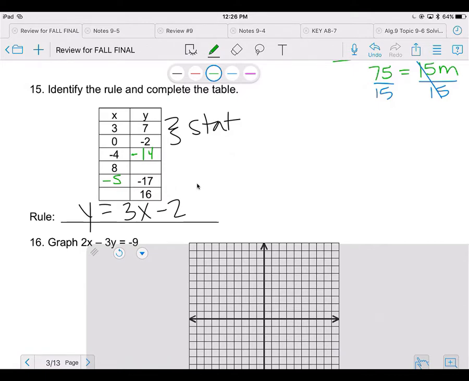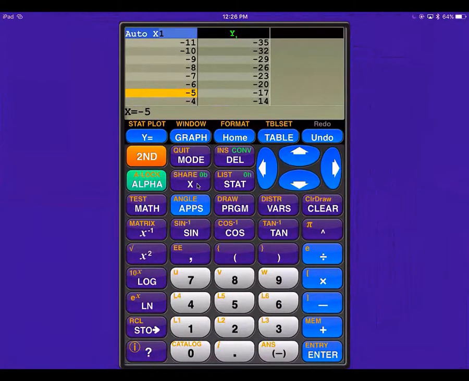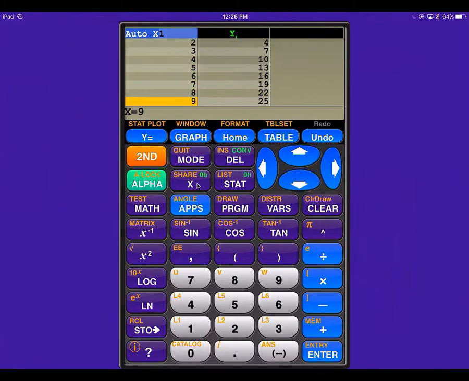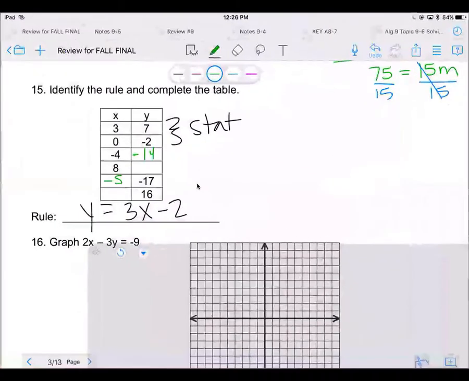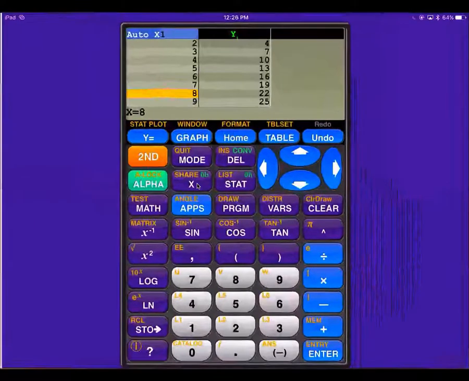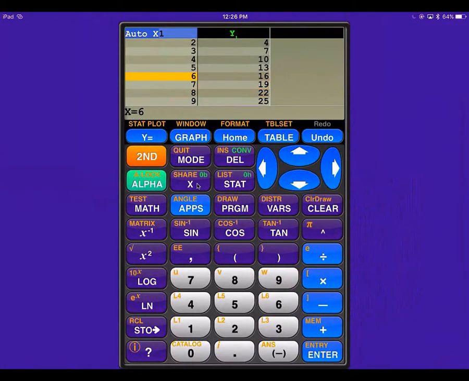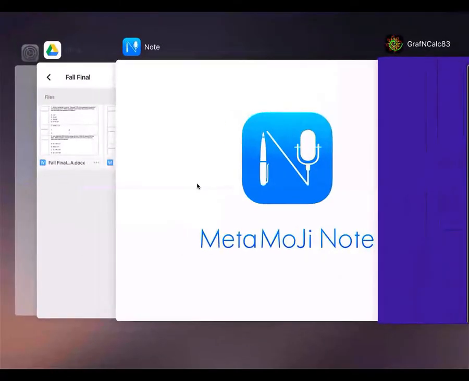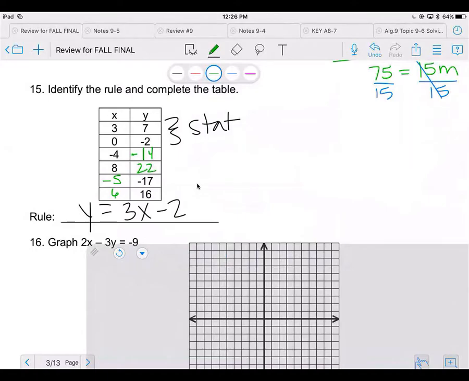And when x is 8, so I'm going to scroll, y is 22. And when y is 16, x is 6. So with this problem, you're literally taking anything that you can, putting it into stat edit, and then using the calculator, letting the calculator fill in the rest of the table for you.